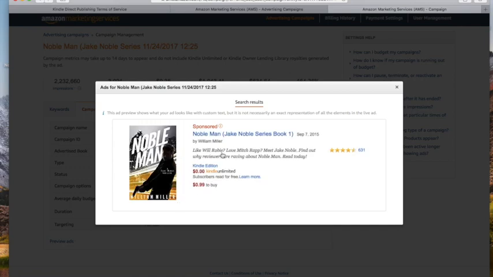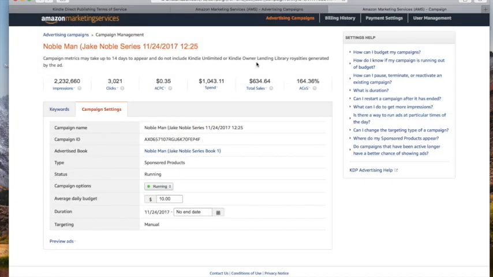So this one I had: Like Will Robbie, Love Mitch Rapp, Meet Jake Noble, Find Out Why Reviewers Are Raving About Nobleman, Read Today. And this was at 160, okay? So that worked out pretty well for me, right? That was a pretty good text. I might use that again and just take a little bit more care with my keywords.